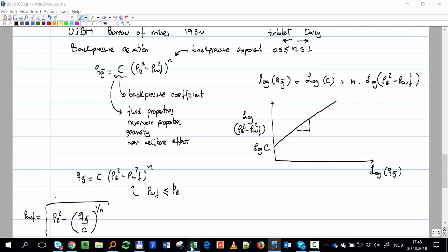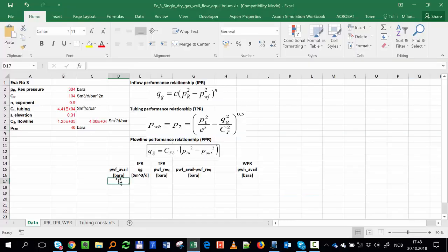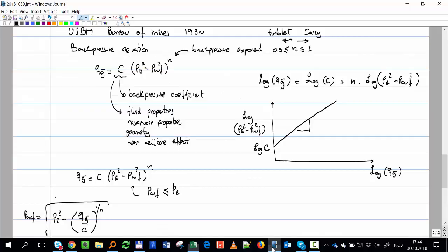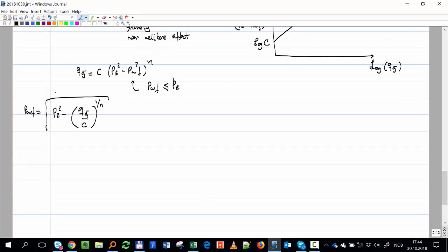Okay, so let's do that first part. We know that we have to populate certain pressures. That will be the equivalent if we come to our plot here, PWF, QG. I want to divide in a few flowing bottom hole pressures from PR and down, and I want to compute for each one of them the rate.